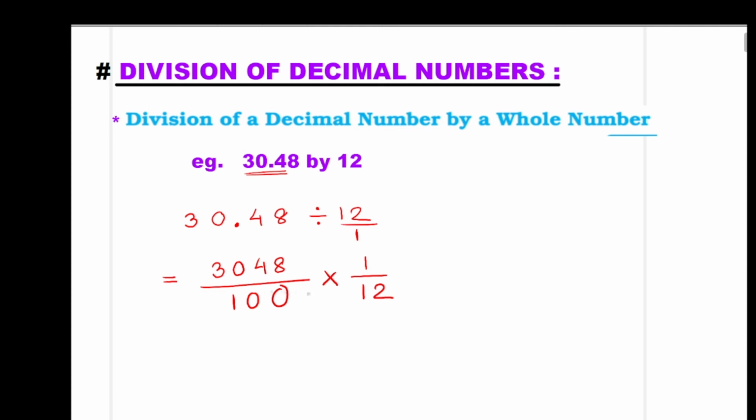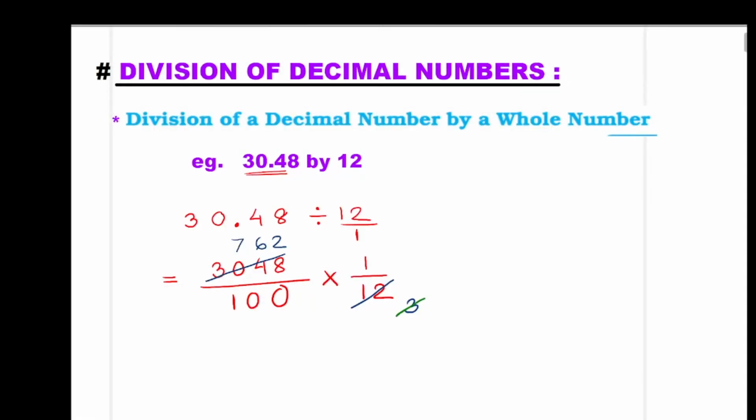Here we can cancel out. 4 3s are 12, 4 7s are 28, 4 6s are 24, 4 2s are 8. Again, 762 is divisible by 3.